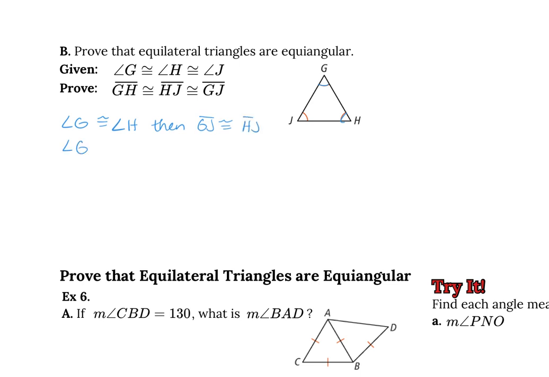Similarly, if angle G is congruent to angle J, then side GH would be congruent to side HJ. So that would prove that GH is congruent to HJ is congruent to GJ.